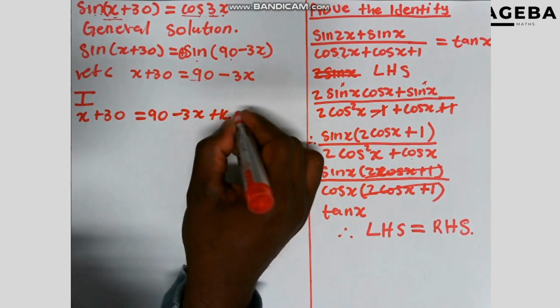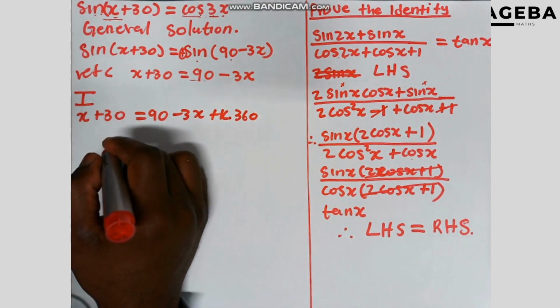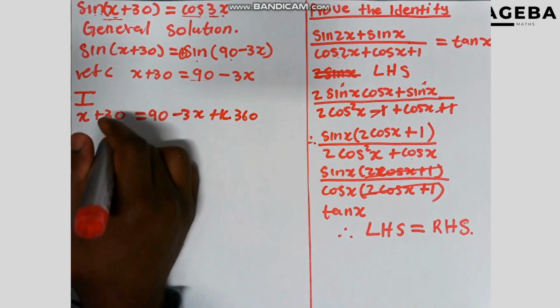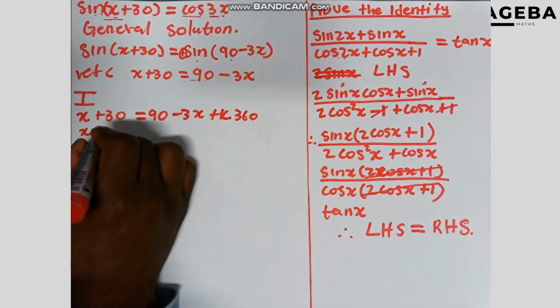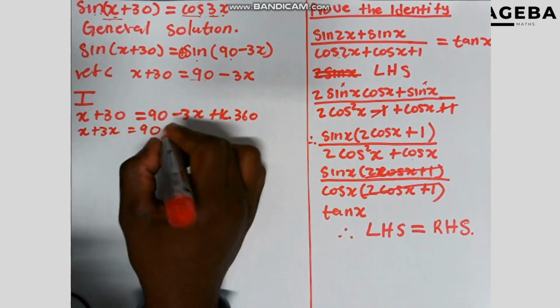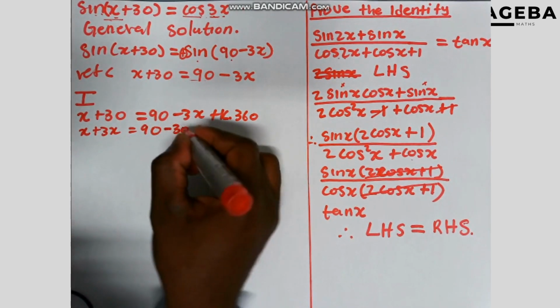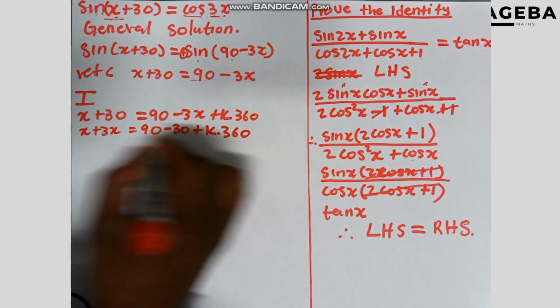Then solving here, dropping the like terms, taking the 3x to this side, it's going to be x plus 3x, and then 90, taking this 30 to the other side, it's minus 30, and then plus k times 360.